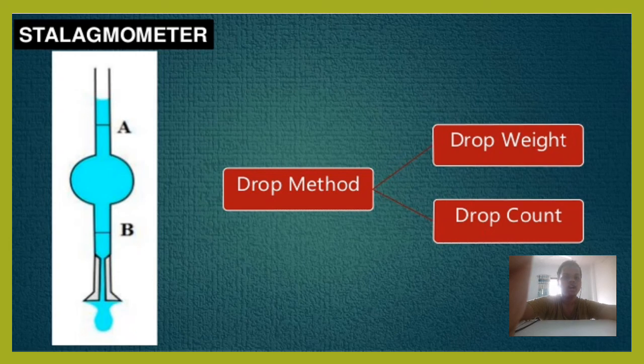If we want to find the drop weight, we can find the weight of 25 drops and then calculate it. If we want to find the drop count, we can take 20 drops and find which substance has the highest surface tension. For this method, first you need to find the density of the liquid in which you are experimenting.